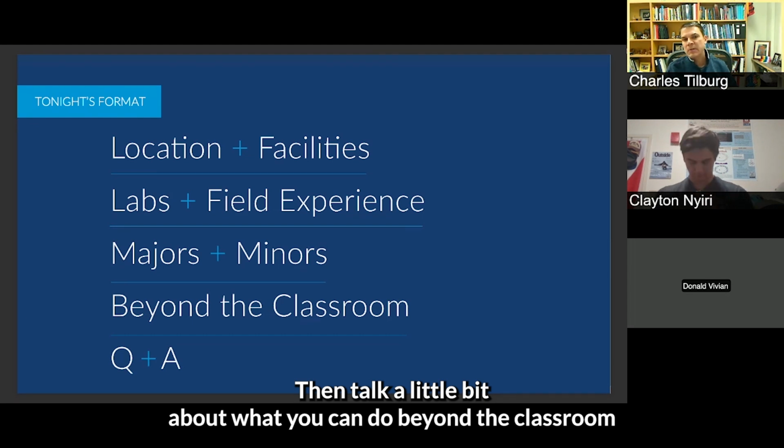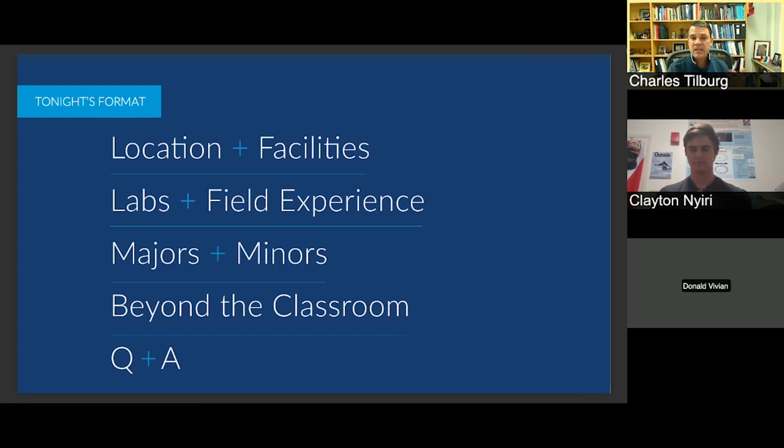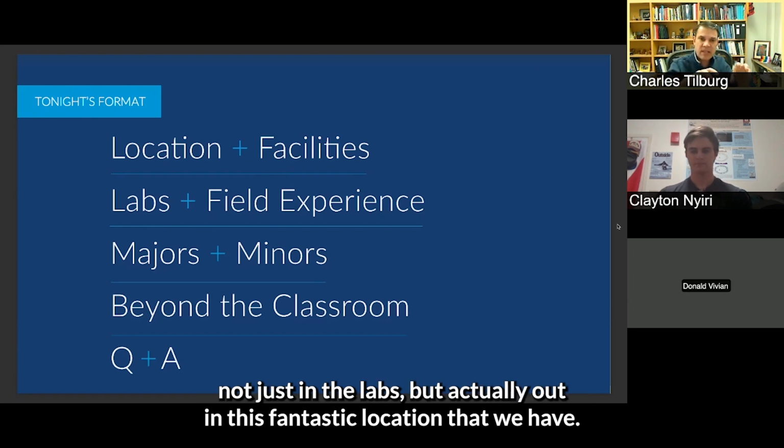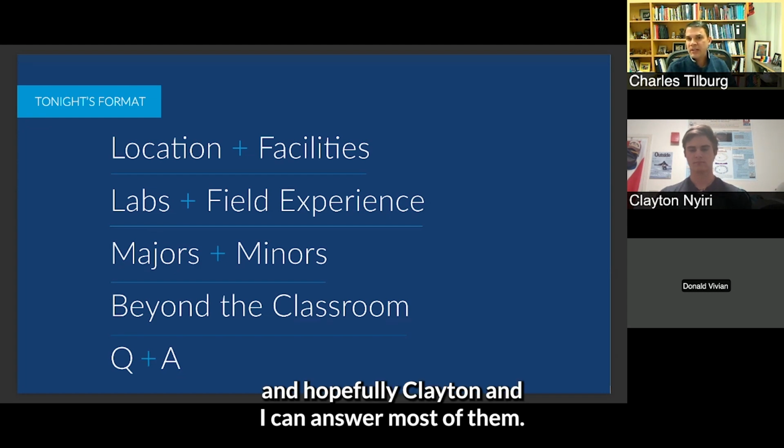Then talk a little bit about what you can do beyond the classroom. And you're going to see that's actually a really big part of the experience here in the School of Marine and Environmental Programs, is doing stuff not just in the lectures, not just in the labs, but actually out in this fantastic location that we have. Then we're going to finish with some questions, and hopefully Clayton and I can answer most of them.